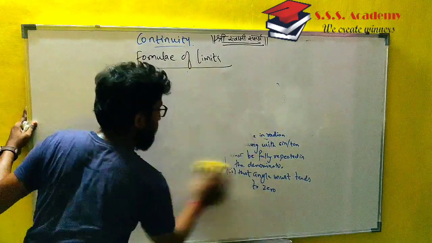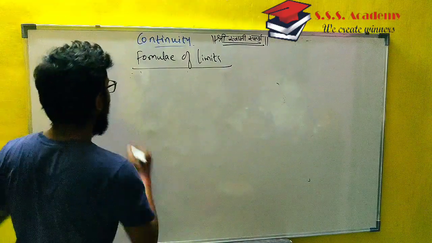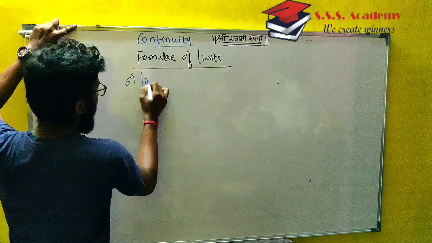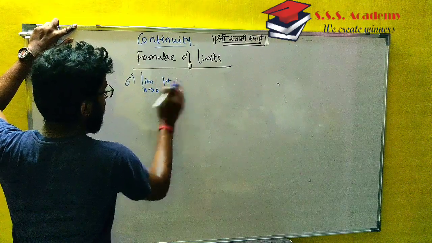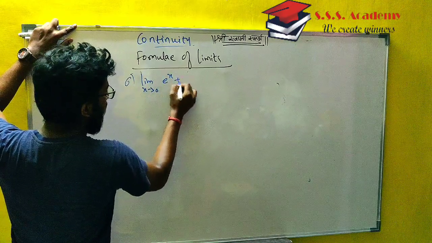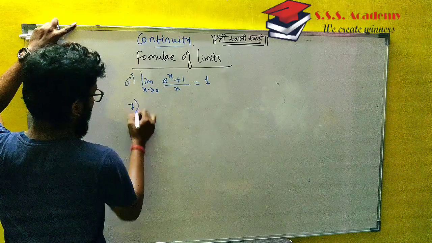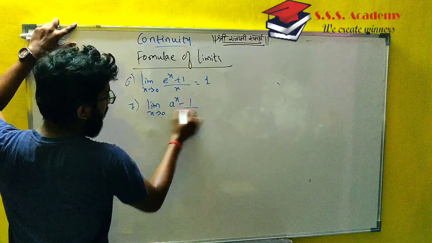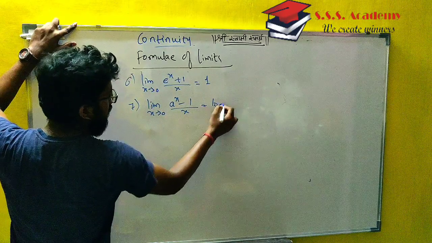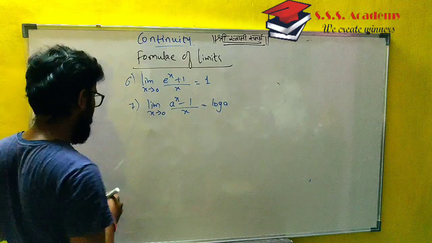Now, the next formulas we are going to see: when the limit is applied to (e raised to x minus 1) upon x, the value is 1. And limit x tends to 0 of (a raised to x minus 1) upon x has the value log a.